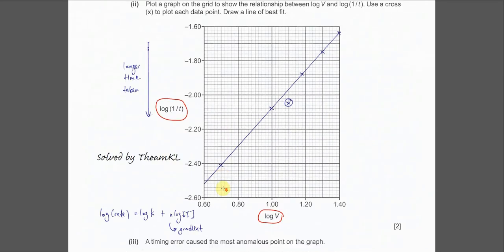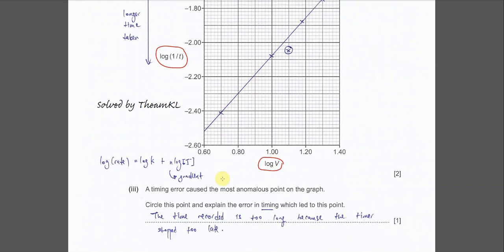Therefore log V is actually the log concentration of iodide. So if you calculate the gradient here, the gradient will be the order. You can get the order from this gradient.